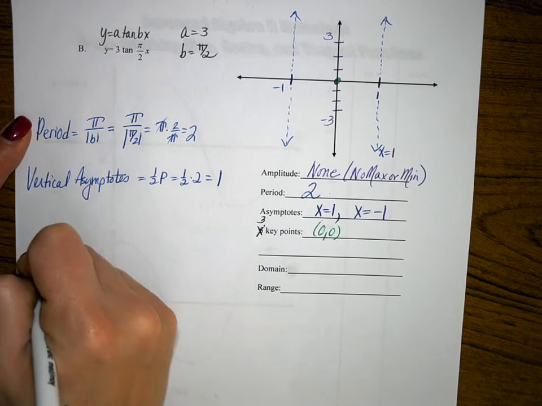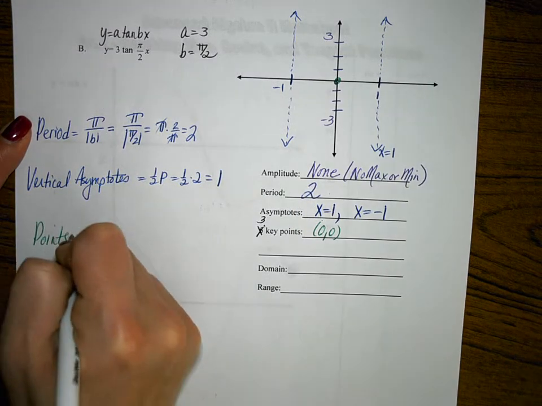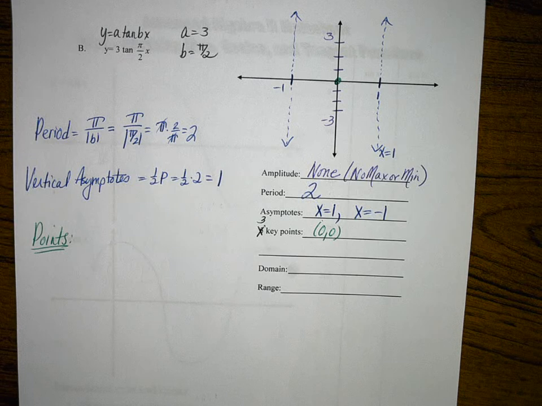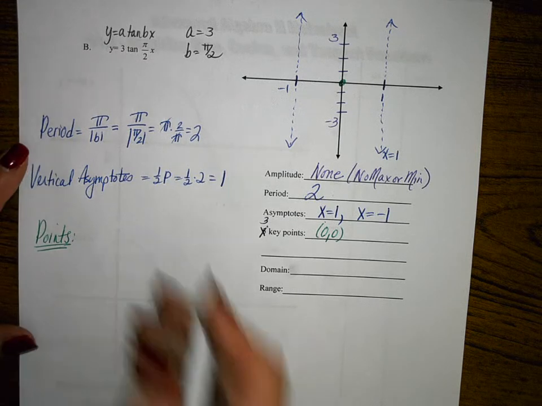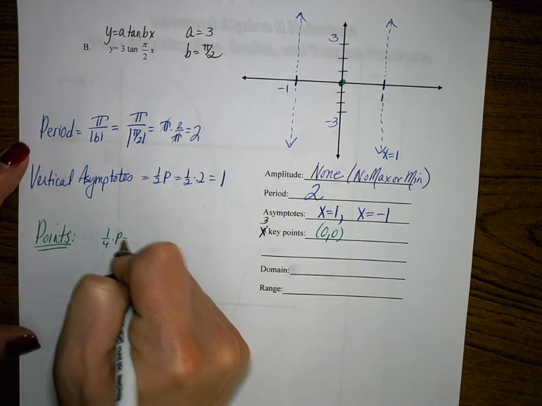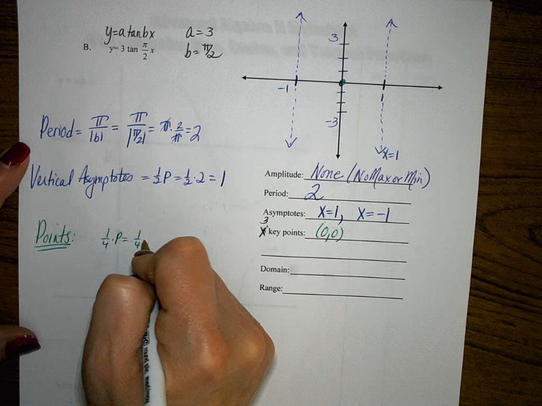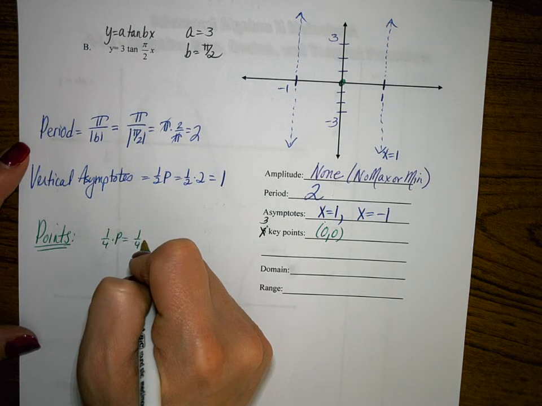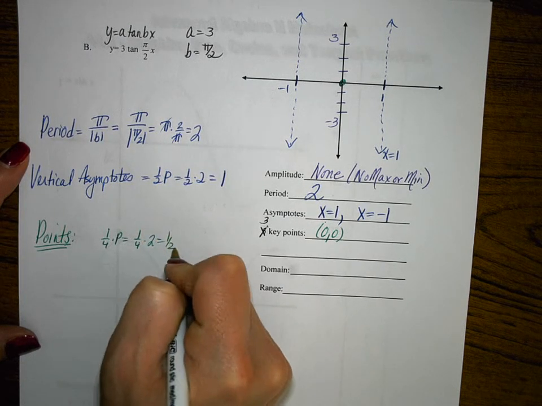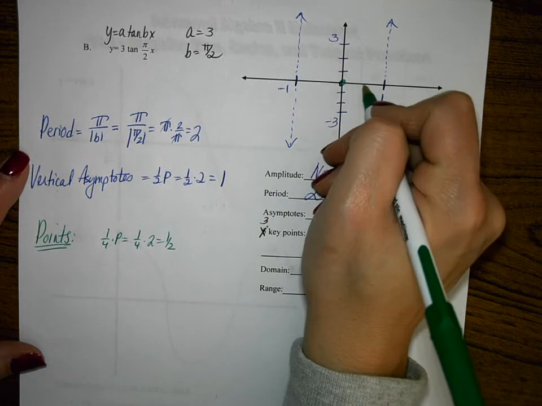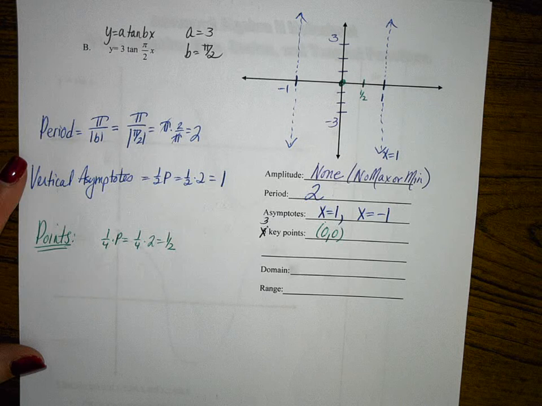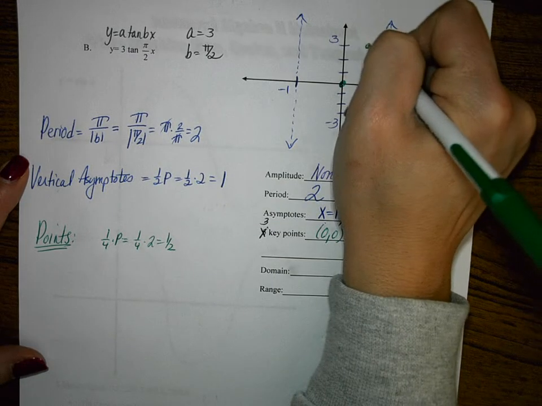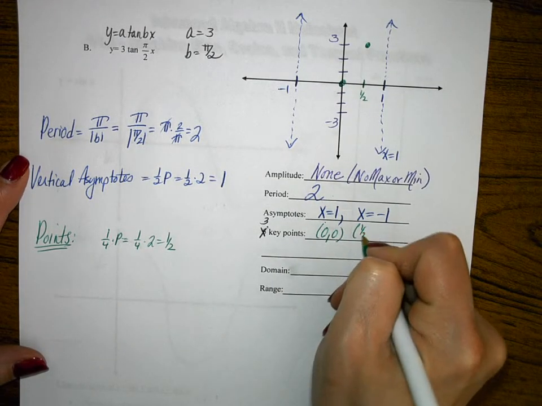Okay, then I need to find some other points. All right, Katie, what do I do to find the other 2 points? A fourth of the period, which is? 1/2. Good, a fourth of 2 is 1/2. So when my x is 1/2, so between 0 and 1 I'm at 1/2, what happens for my y value? It's up at 3. So my point is going to be at 1/2, comma 3.